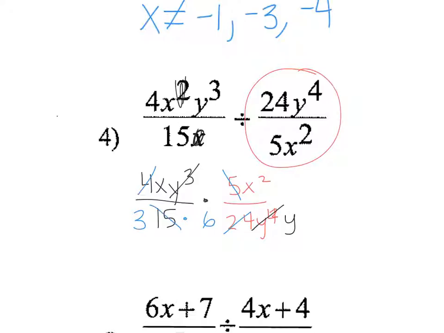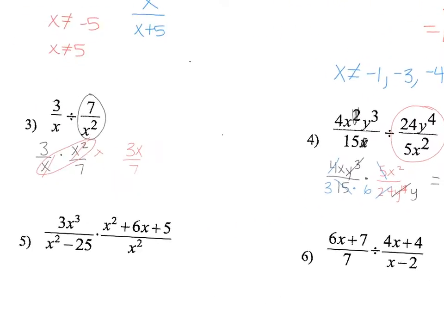So in the end, you're going to have x times x squared, and that's going to give you x cubed over 3 times 6 times y. 3 times 6 times y is 18y. So there's your answer.